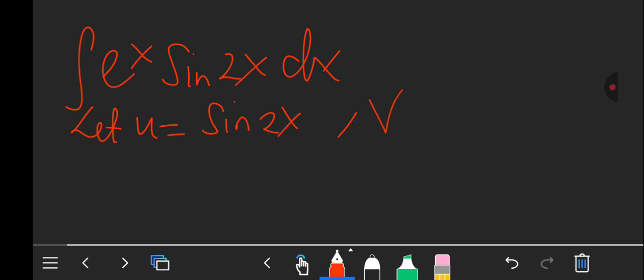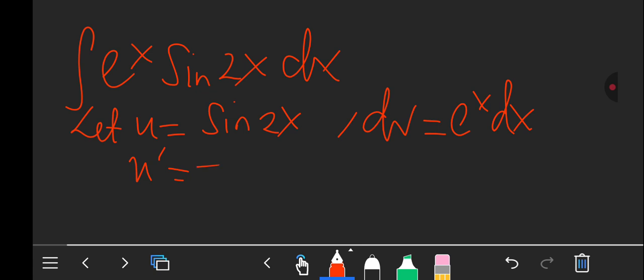Then my dv is the one which will be e to the power x dx. Then what is my u prime? The derivative of sine 2x: the derivative of sine is cos, so it will be cos 2x, then I differentiate 2x, which is 2, so it will be 2 cos 2x.